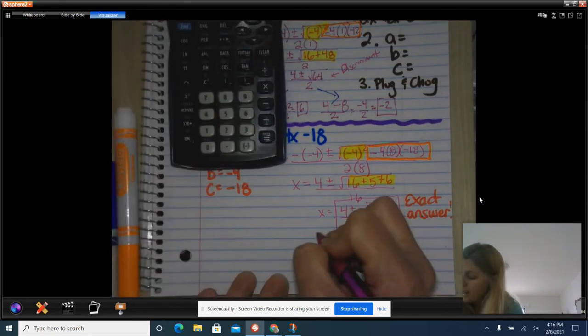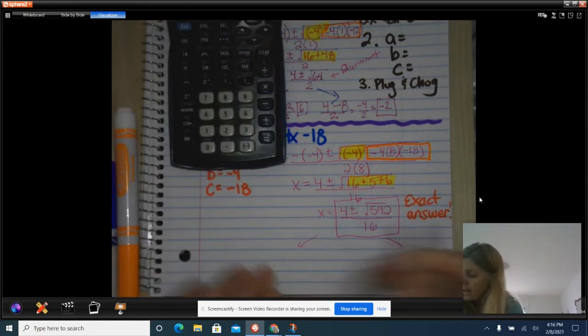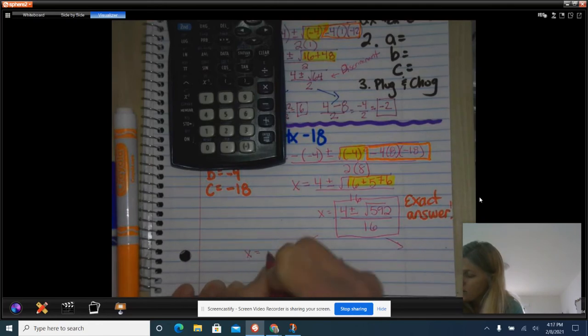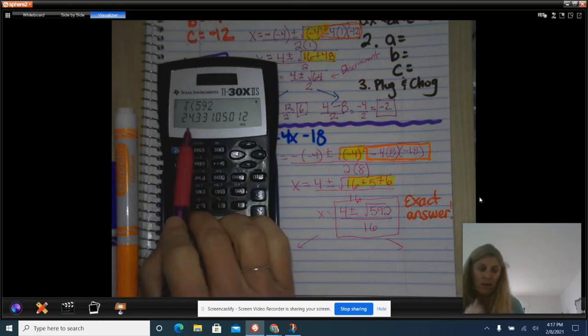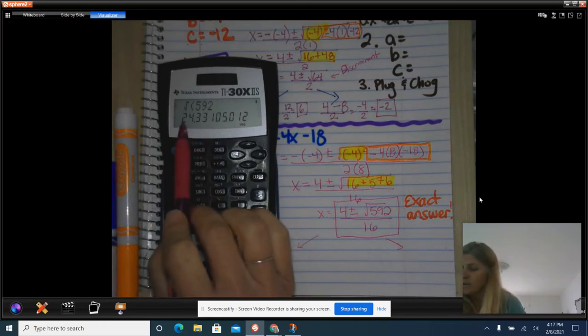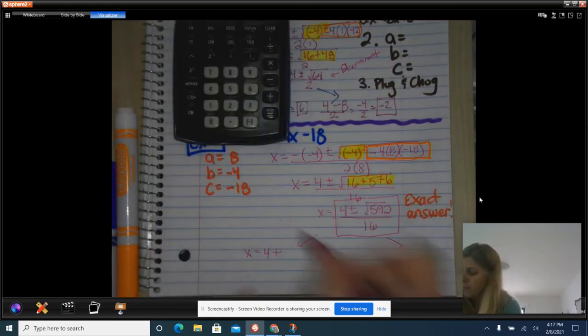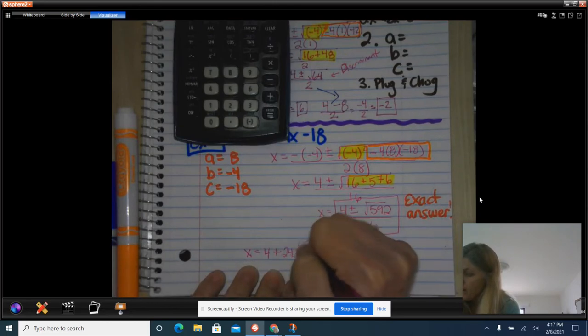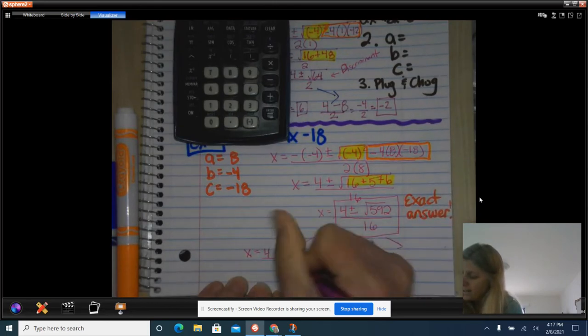We're going to split that up into 2. And we have our first x is equal to 4 plus, and we're going to round this to the nearest hundredth place, so 24.33, all divided by 16.